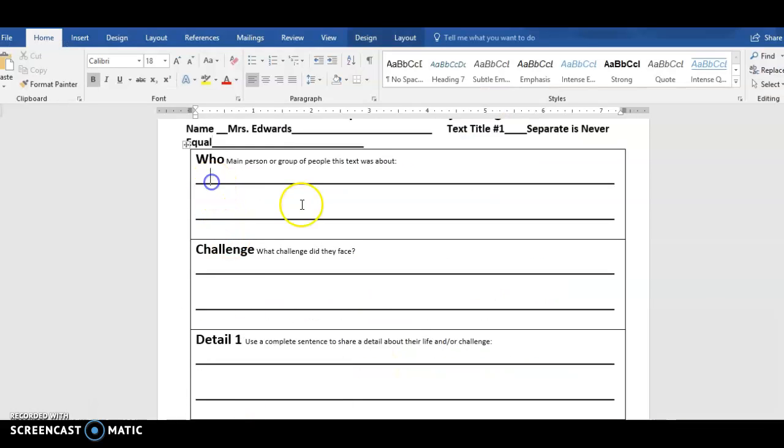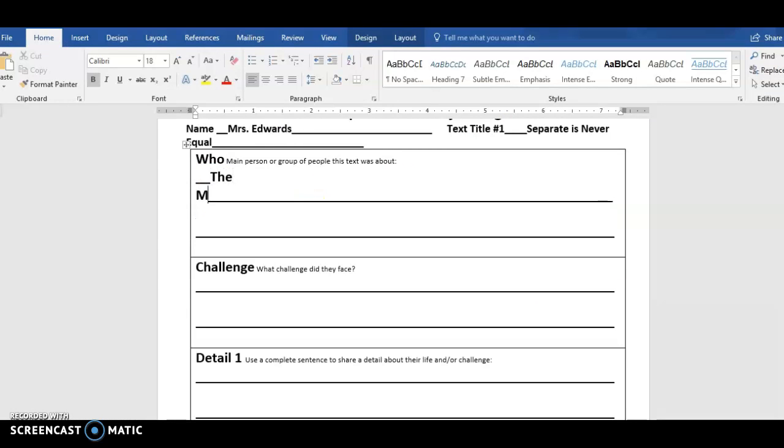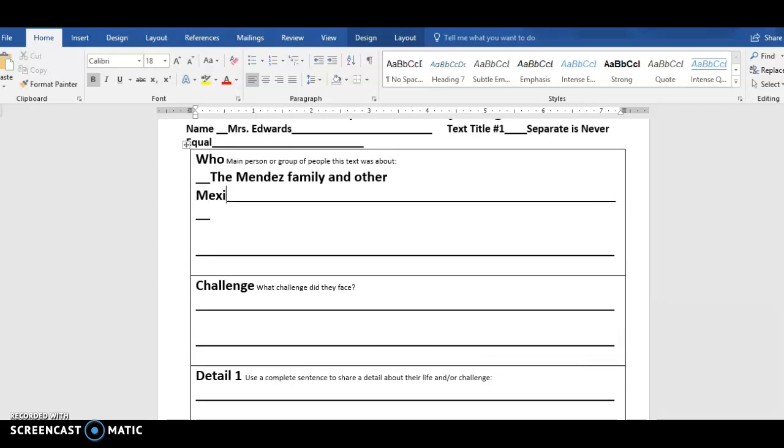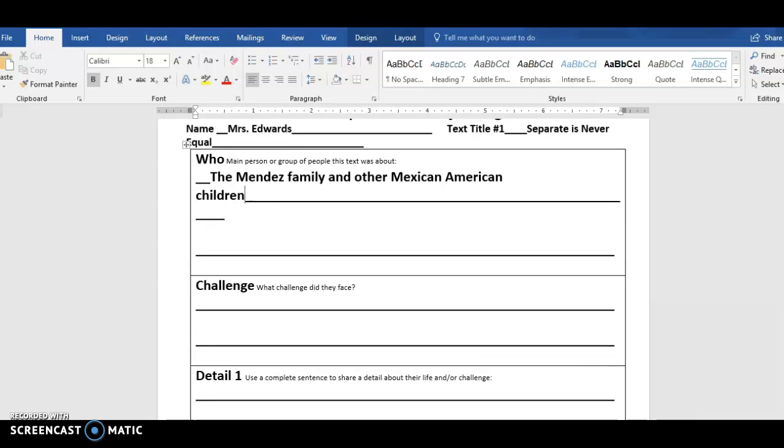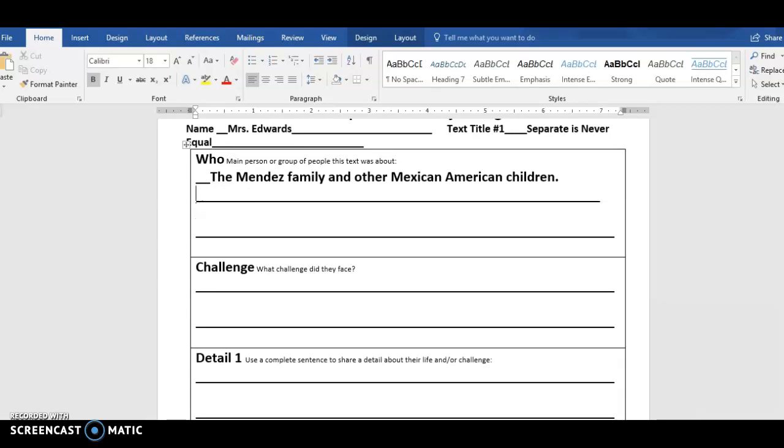So I might put the Mendez family and other Mexican American children. Okay, and I might even want to tell a little bit more information like where they lived or the time frame or something like that. So you go in and you type whatever is appropriate here to match your text.